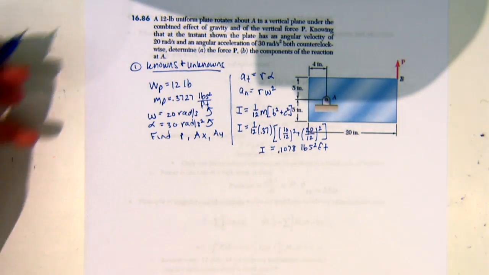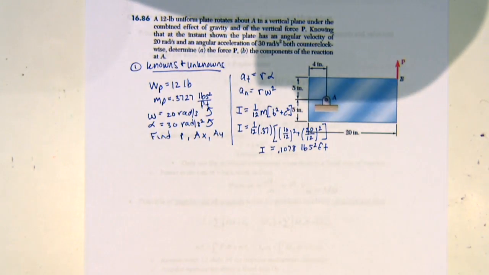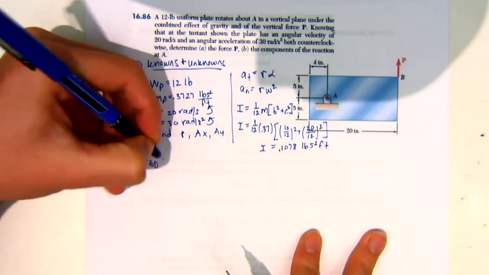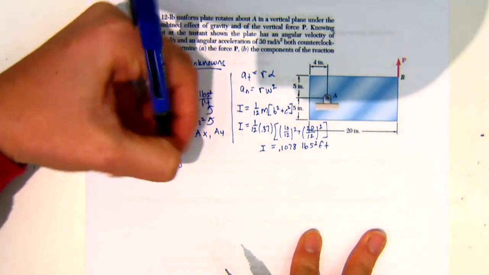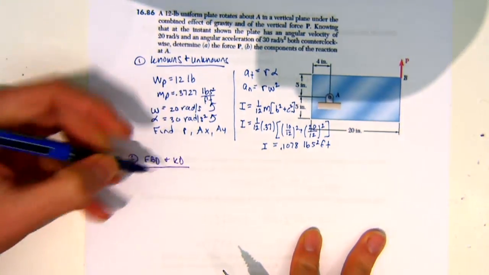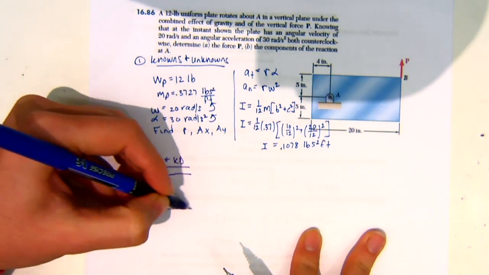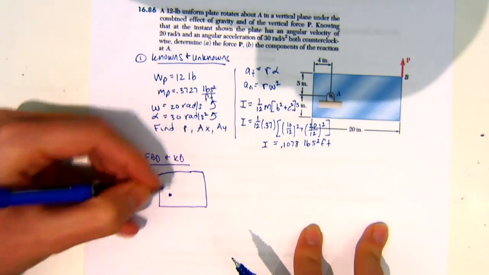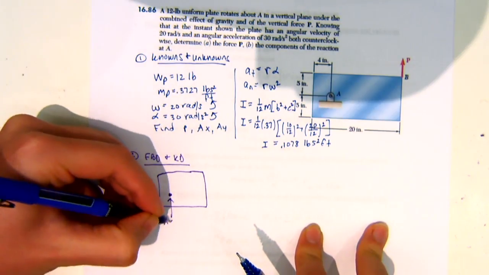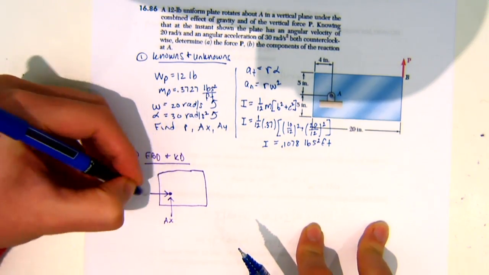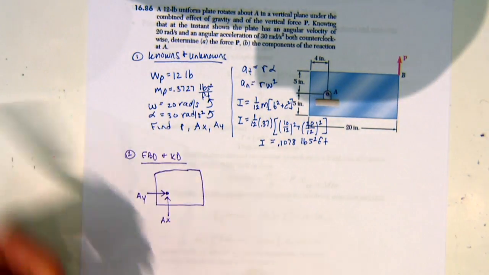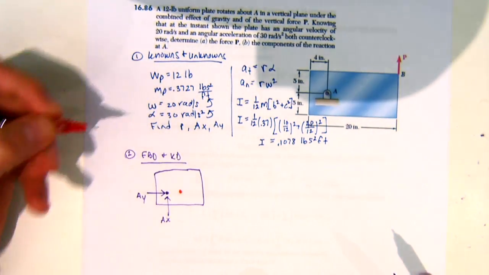So now that we did that, let's look at our FBD and our KD. For our free body diagram, we know it's rotating about point A. So I have AX, I have AY. I know that the weight, oh, my drawing is pretty bad.